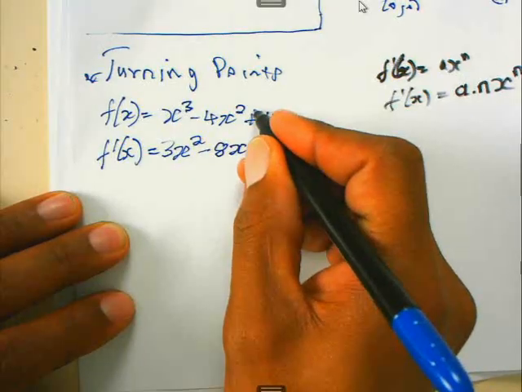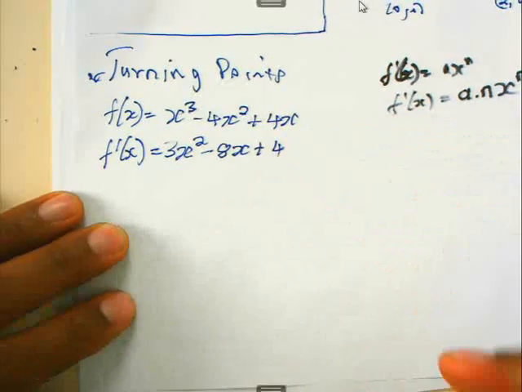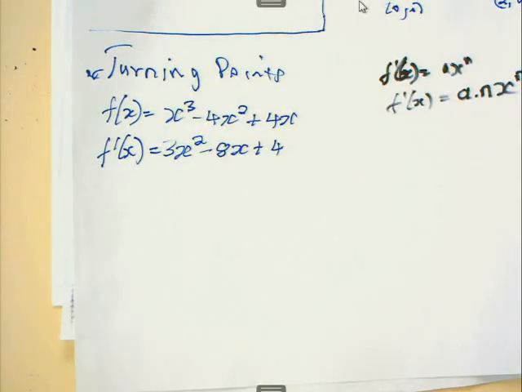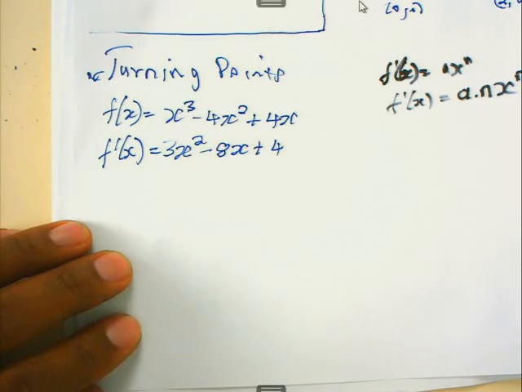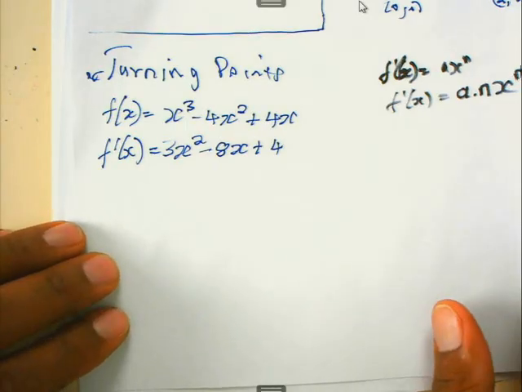And now 2 minus 1 is only a 1. And therefore, here we have a plus 4. Therefore, the derivative f prime of x is equal to 3x squared minus 8x plus 4. Right. Now, are you happy so far?